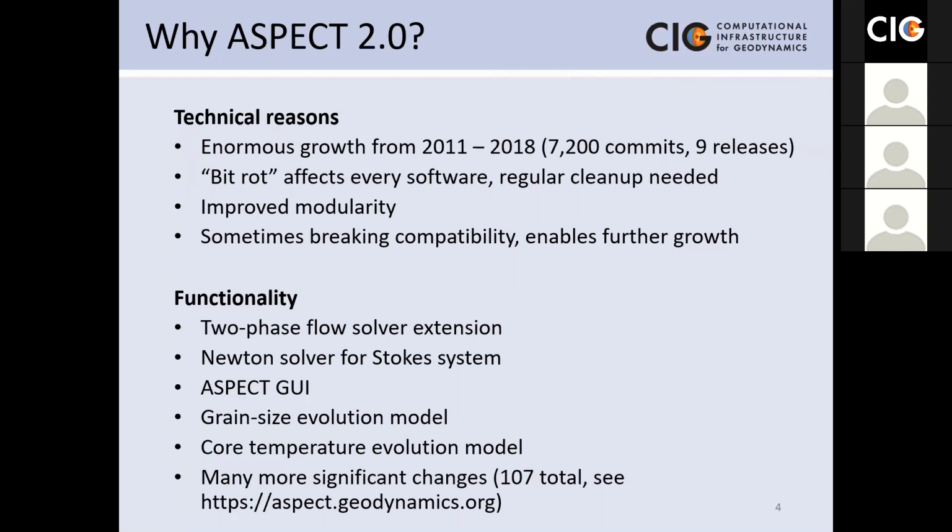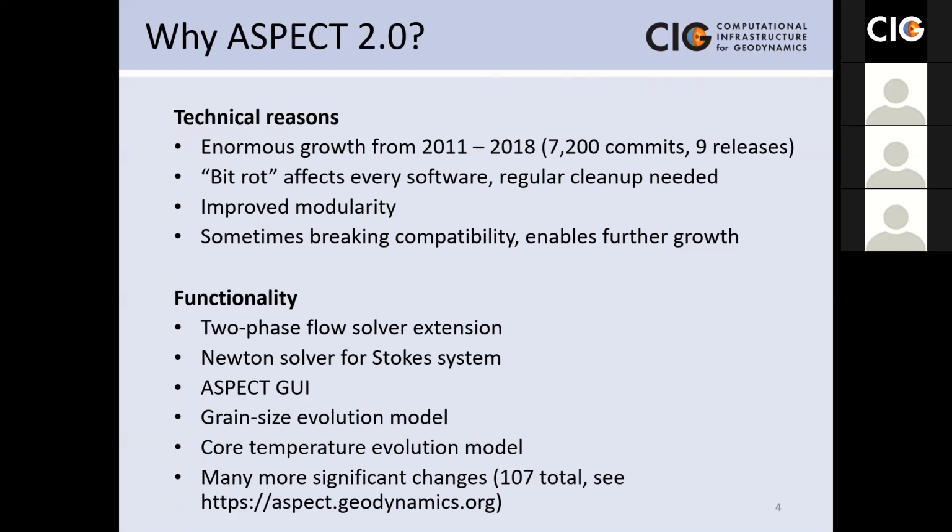The second major reason was that we have important new functionality in ASPECT. For one, we have an extension of the two-phase flow solver that was in ASPECT since version 1.5. We have a new Newton solver for the Stokes system that Menno will talk about later.